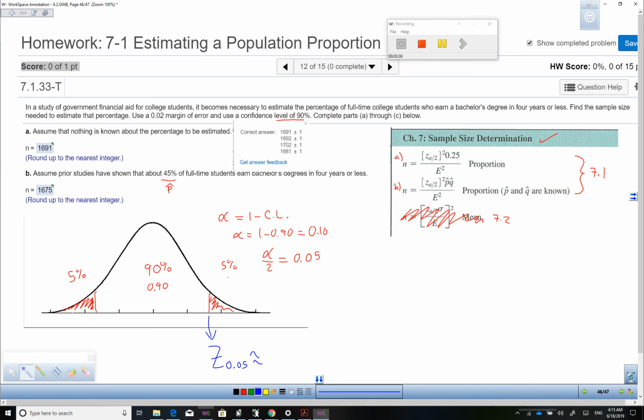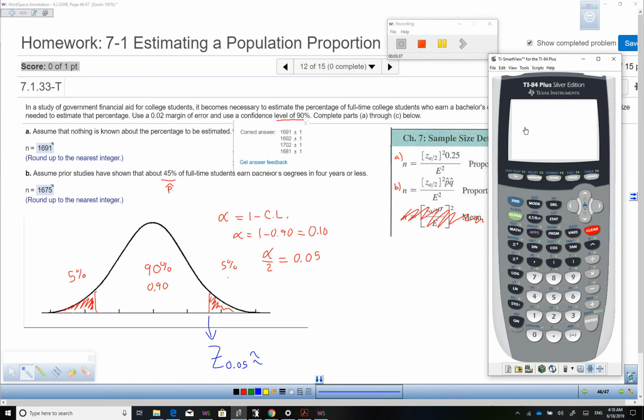To find that value, we use the calculator, and we press second vars. Remember, when we have area and we want the z-score, we use inverse norm. The area right here is on the right side of that z-score.